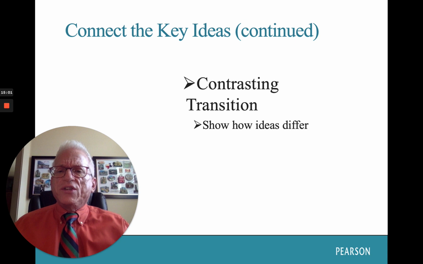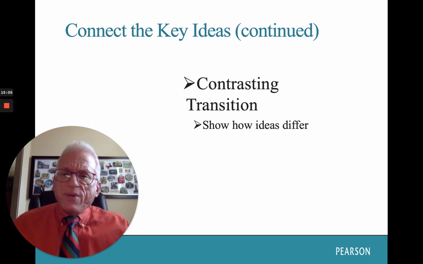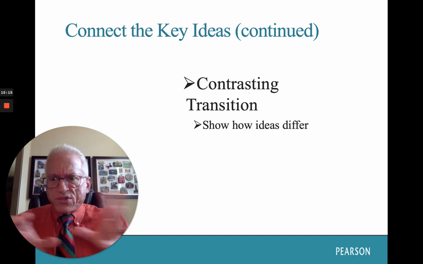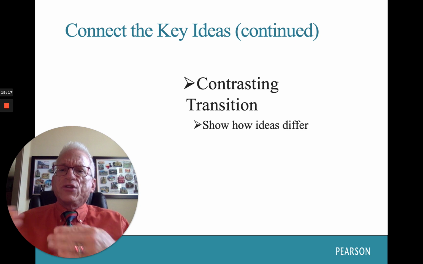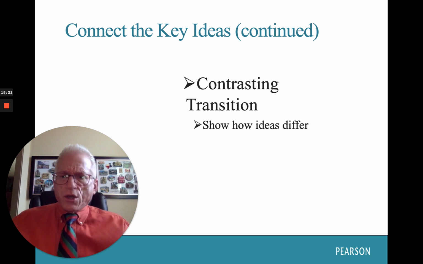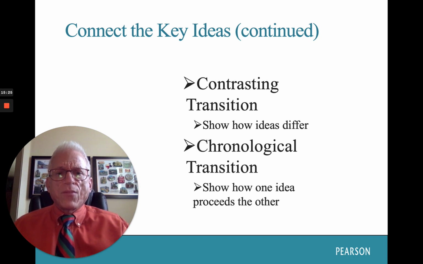If I were giving a speech on diabetes, I might say, so while diabetes has a huge impact on older Americans, it also has an impact on younger Americans as well. So notice I'm going to summarize and signpost, but I'm contrasting two different ideas. So the audience gets a sense that these 2 points work together in a contrasting way.